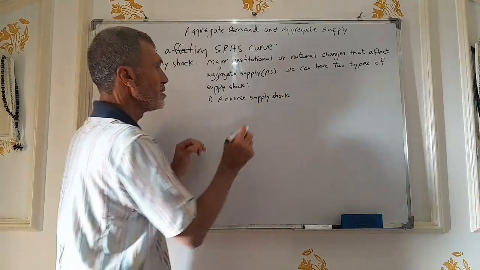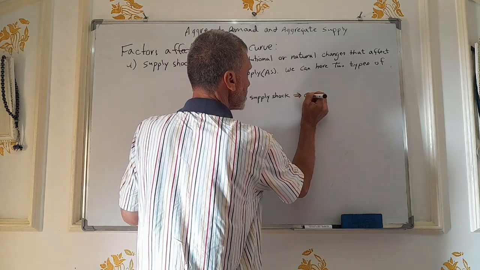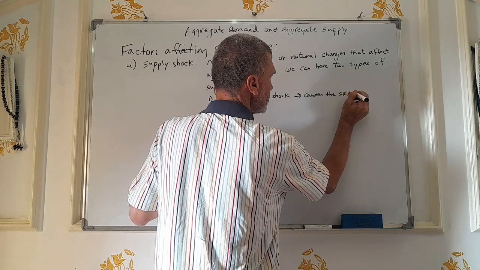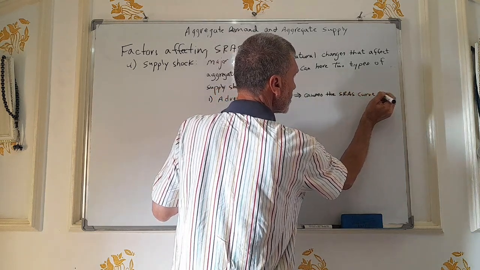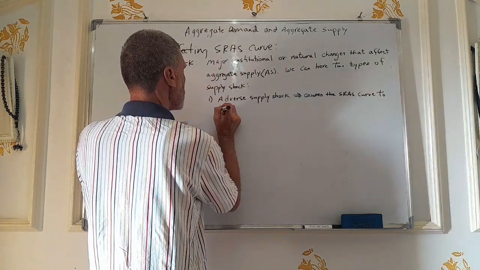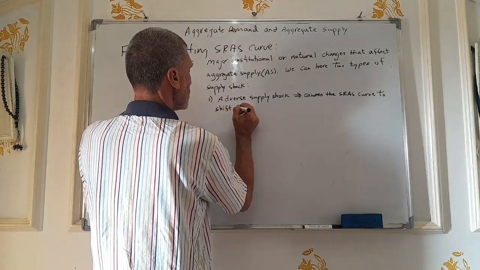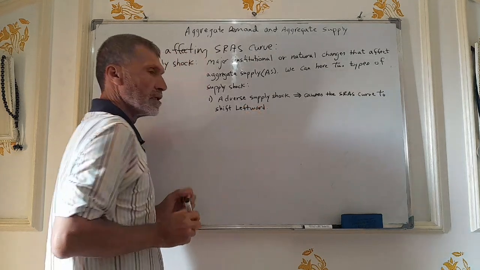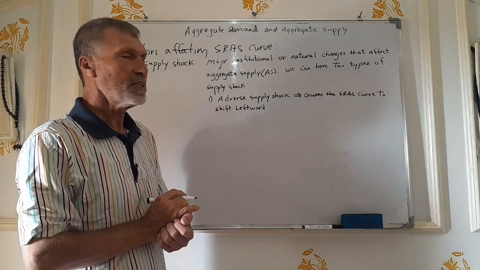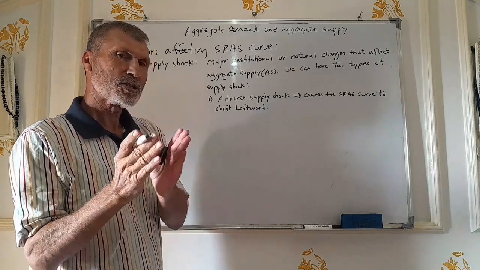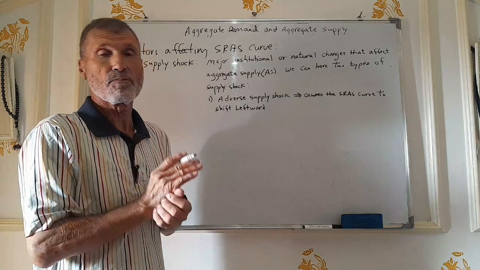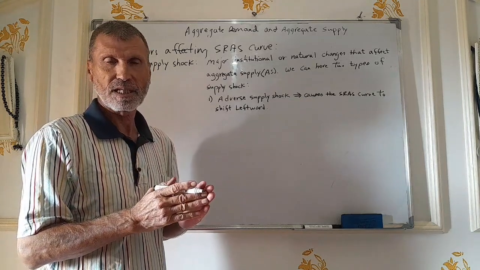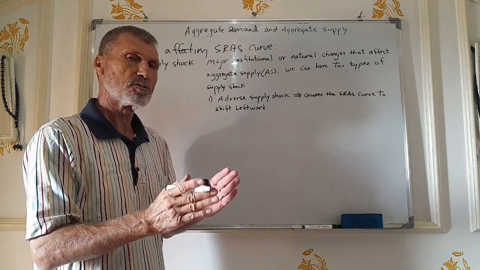An adverse supply shock causes the short-run aggregate supply curve to shift leftward. When we say adverse supply shock, it means the short-run supply will shift to the left, which implies that production will be less. Okay?